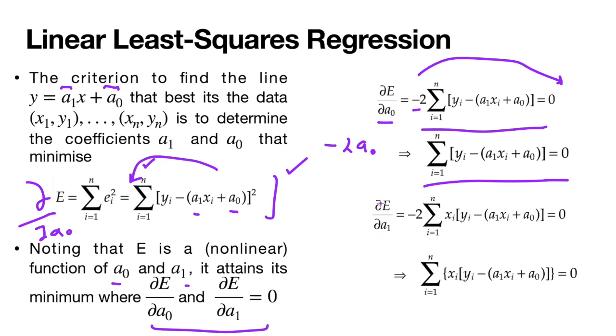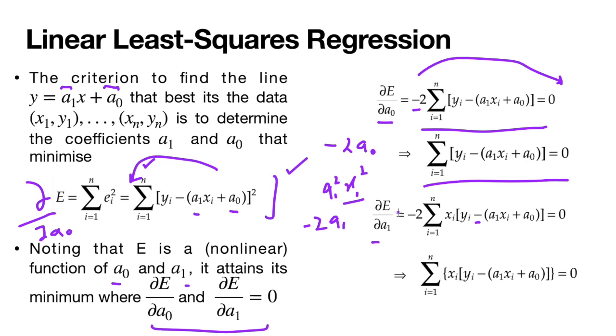Similarly, when we apply partial e over partial a1, we get this relationship, because this is a1 square and xi square. So xi square is basically a constant here, whereas a1 square will become 2 a1. This minus 2 is because of this minus here.